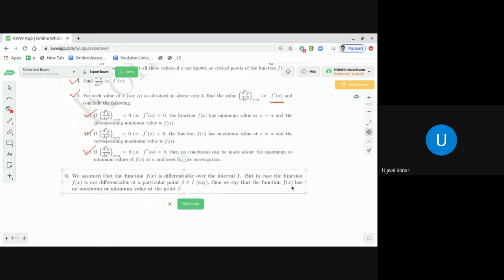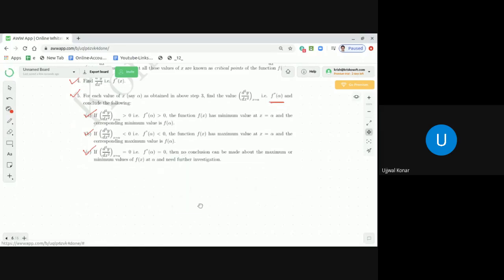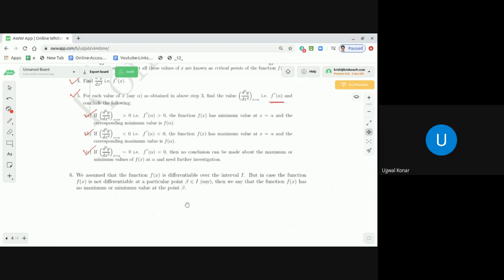We assume that the function f(x) is differentiable over the interval I. But in case the function f(x) is not differentiable at a particular point beta, say, belonging to I, then we say that the function f(x) has no maximum or minimum value at the point beta.